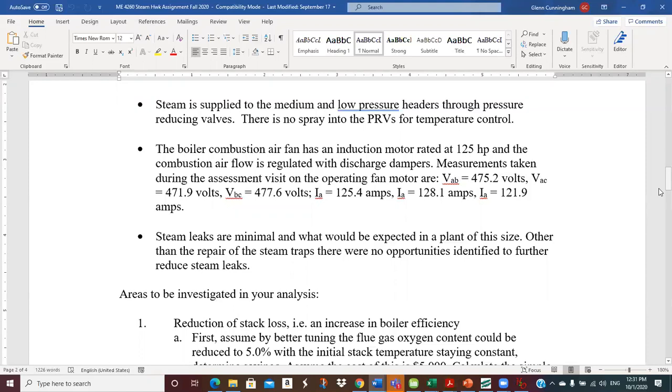So then what I do is I average all of those to get my average voltage. And then on the current, I have to go around the wire. So I have a little clip that I clip around one of the wires. It could be over insulation, all that. You just got to get that clip over the wire. And really, you clip on all 3 of them and you read all 3 phases at once.